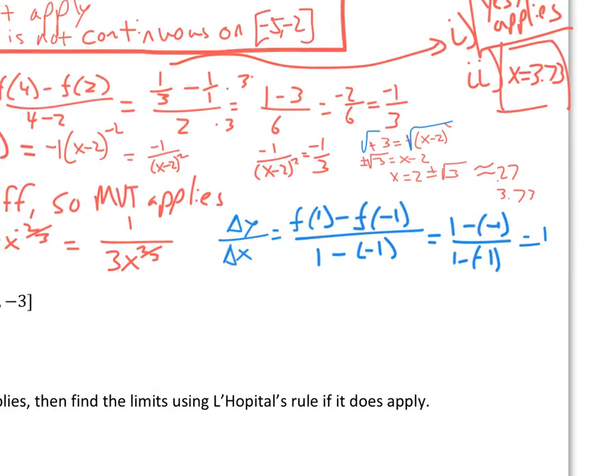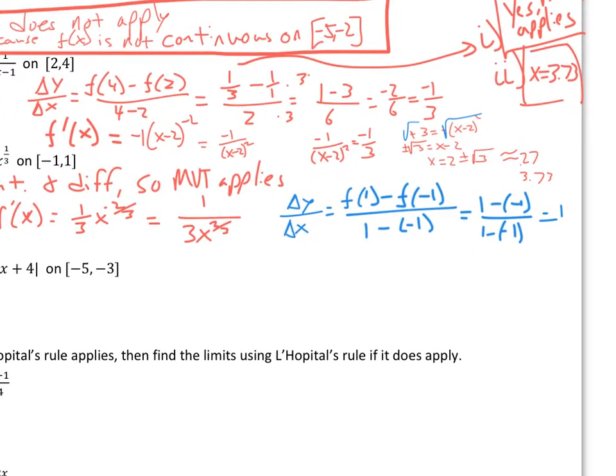So let's set our derivative equal to 1. We have 1 over 3x to the 2/3 equals 1. Cross multiply, we're just saying that 3x to the 2/3 equals 1.